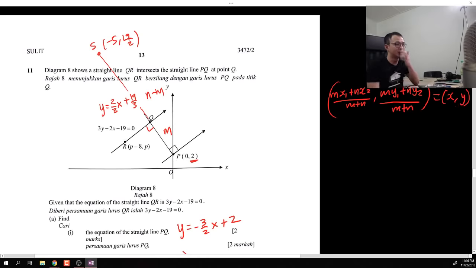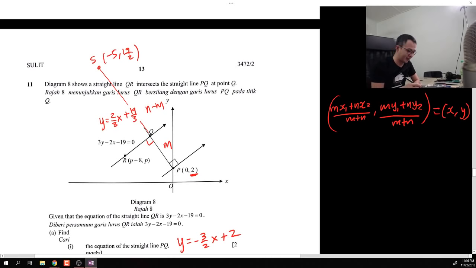Alright, so I'm going to use this formula in this case. So basically the ratio is going to multiply the further x value, like m is going to multiply negative 5. They will multiply the further one.